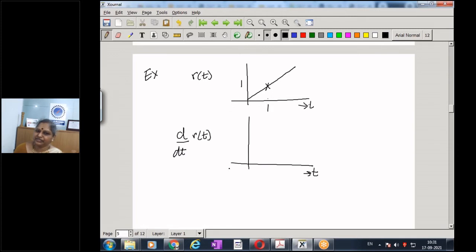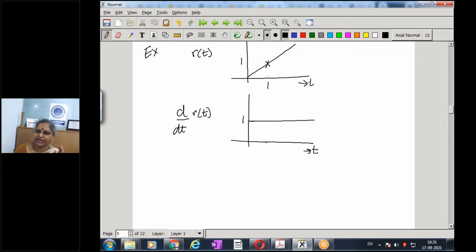For t less than 0, it is 0. For t greater than 0, it is a line with a positive slope, so the derivative is 1. Hence the derivative of the unit ramp function is the unit step function. This is one very important observation.